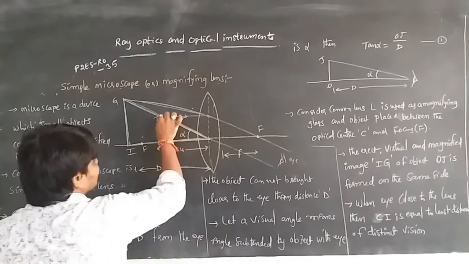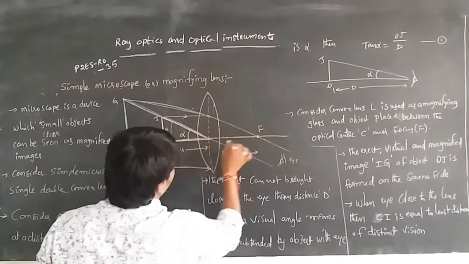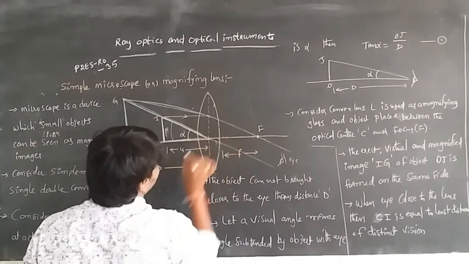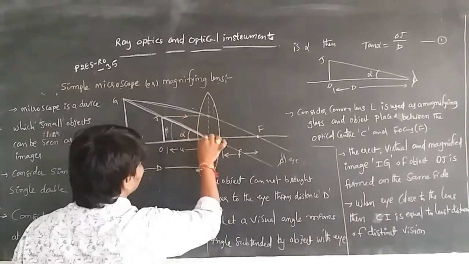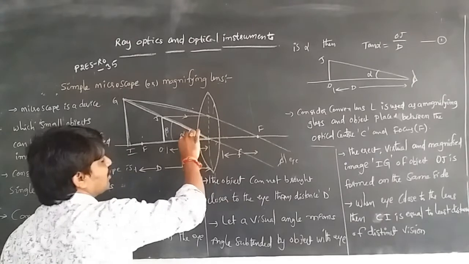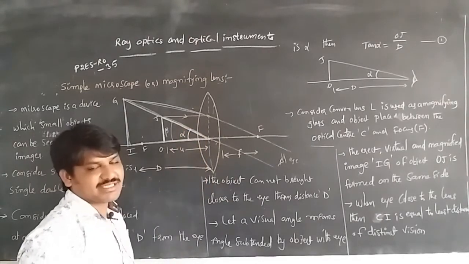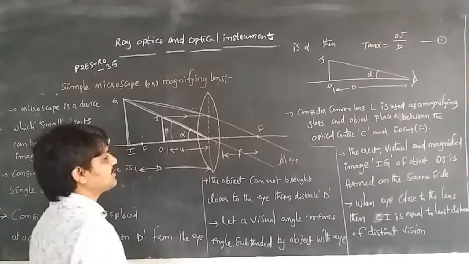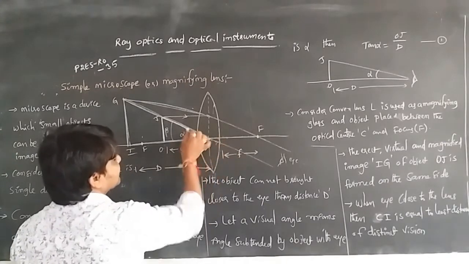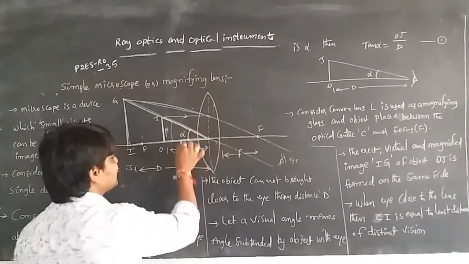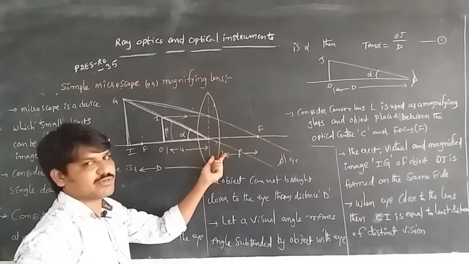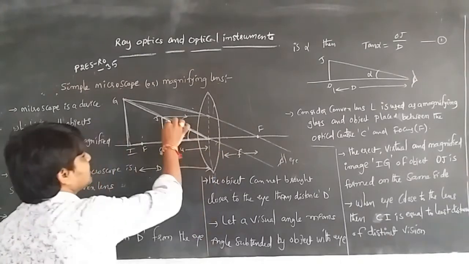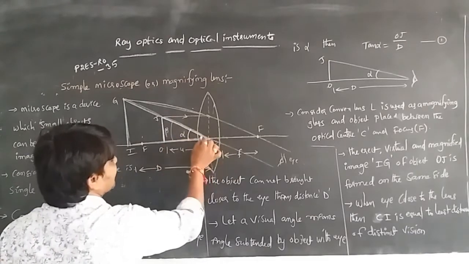Whenever the eye is placed at this place, the angle made by the object is called the visual angle. The angle subtended by an object at the eye is called the subtended visual angle, that is alpha. Since there is no convex lens near the eye, the angle made at the eye is alpha.